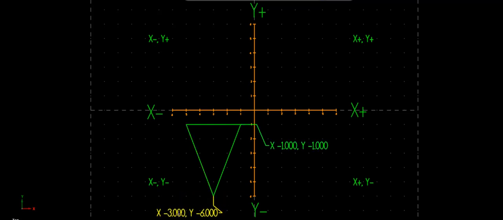So that coordinate will be x minus 3, y minus 6. Then the next, we have 1, 2, 3, 4, 5, x minus 5, y minus 1. So those are the coordinates. And notice, because the part is located in the third quadrant, all x and y values are minus.